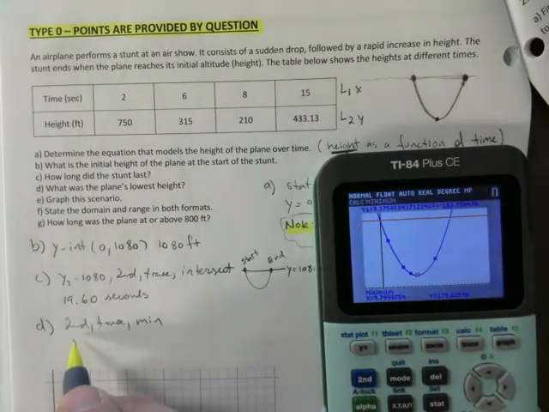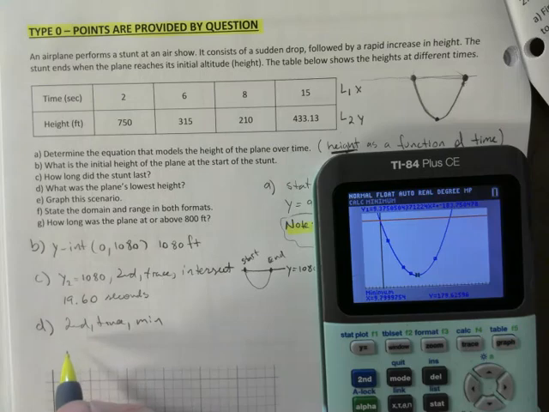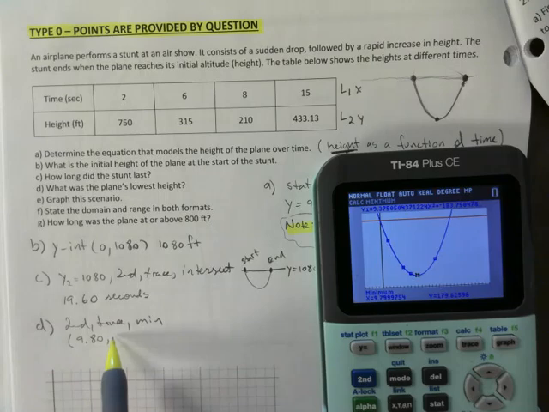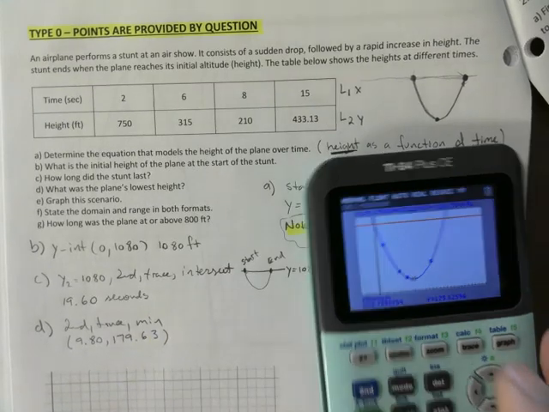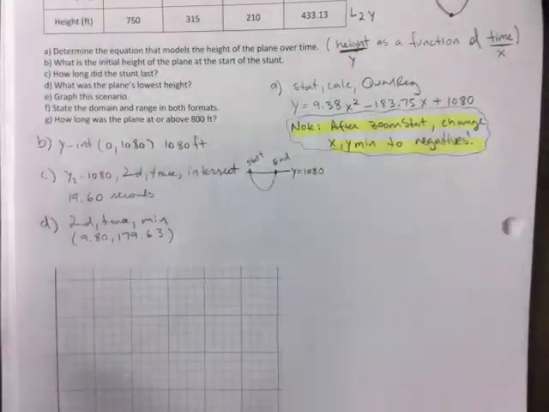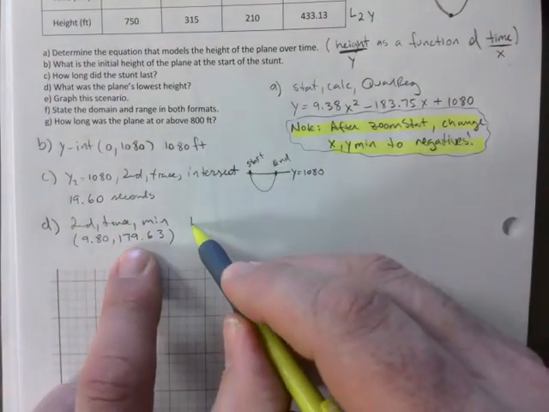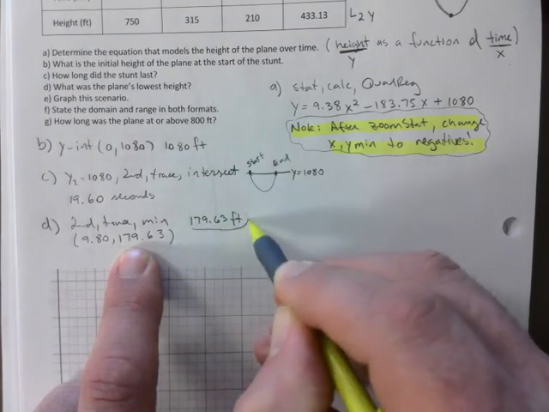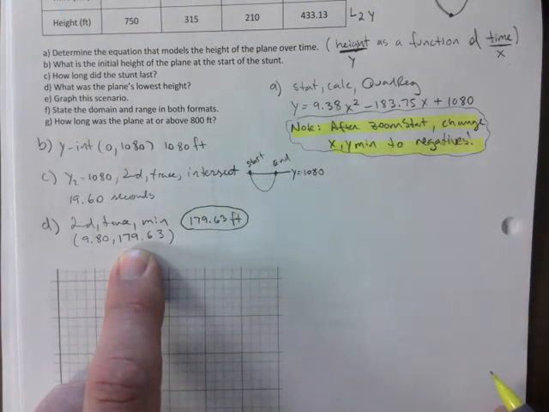So my min, write down the coordinate when you find a point, because you may use it for your graph. So that's why I always write down my coordinates. So this will be 9.80, and this is 179.63. Let me just bring that up a little bit. So it would be 179.63 feet is my answer for D.